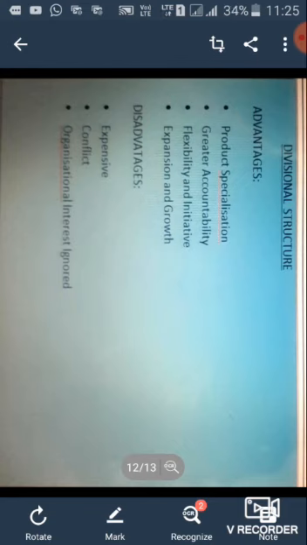Flexibility and initiative. It promotes flexibility, as each division functions as an autonomous unit. It leads to faster decision making.